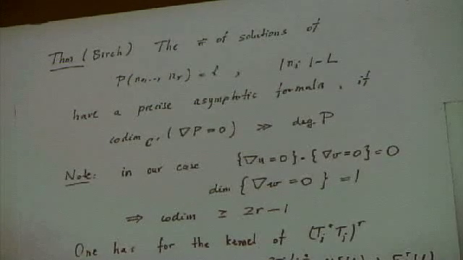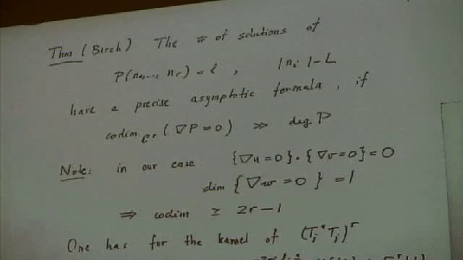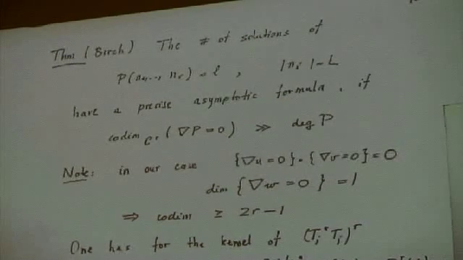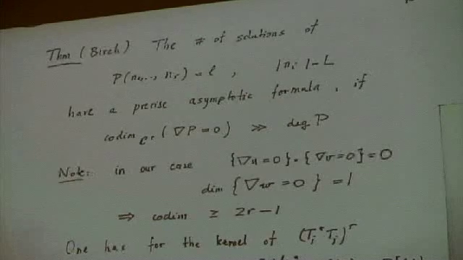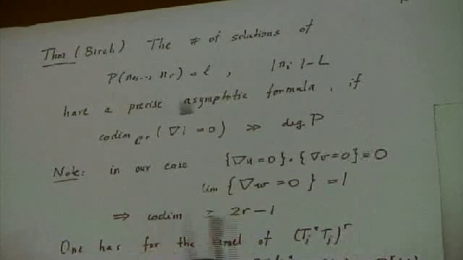Birch's theorem says that if you have enough independent variables, a large number of independent variables in this equation, or in other words, if the polynomial depends in an essential way on many variables, then there is a very precise asymptotic formula for the number of solutions.